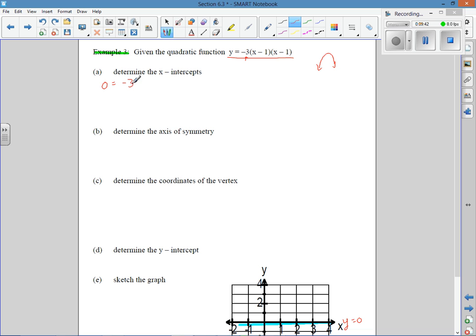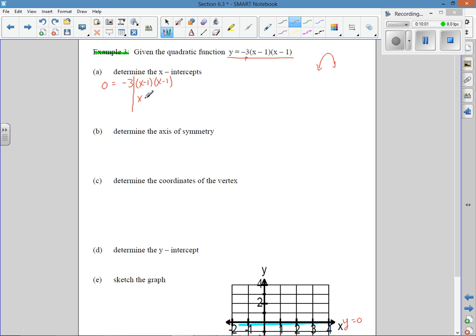So negative 3, x minus 1, x minus 1. So this has no variable with it, so we're just going to leave that out.